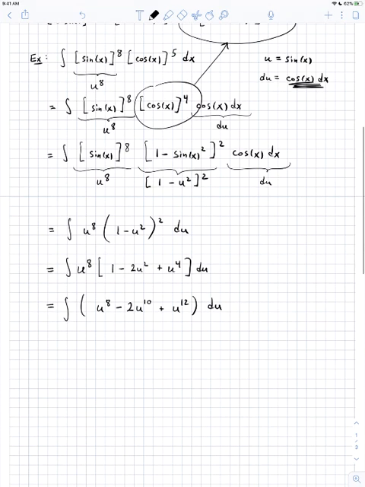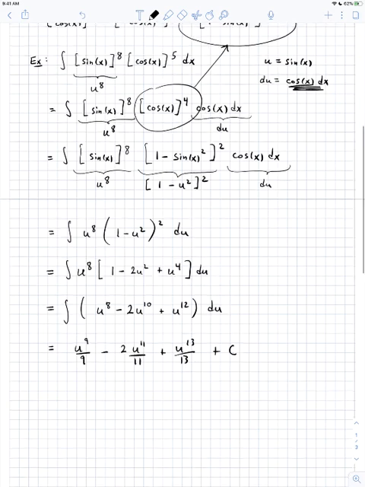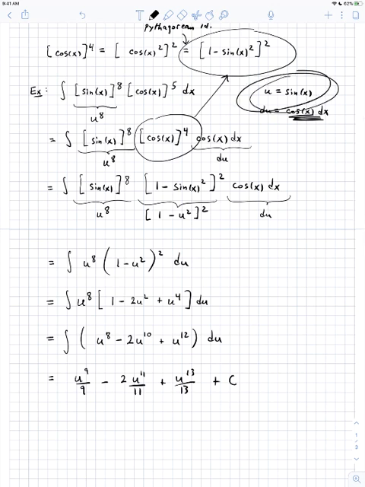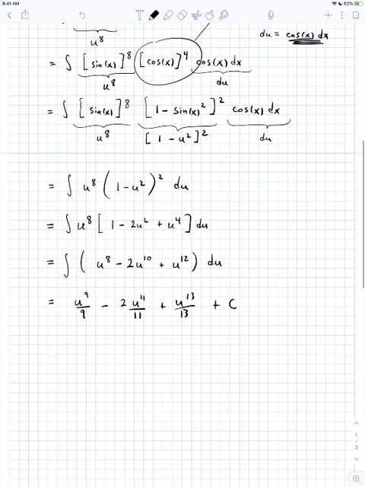And it's a polynomial, so we can repeatedly apply our power rule. So it's u to the 9th over 9 minus 2u to the 11th over 11 plus u to the 13th over 13 plus a constant. And then at some point we have to remember that u was equal to sine of x, and we have to plug that back in. U equals sine of x.